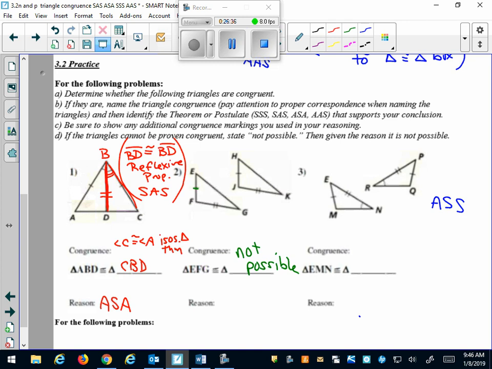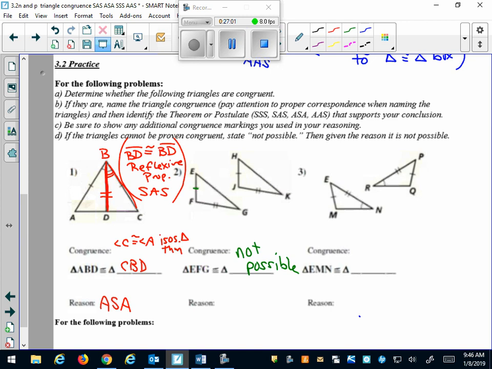This would be, don't freak out. That's not a postulate. It's a bad word. Can't use that. That is not a postulate. Okay? So, remember that the bad word doesn't work. Not because it's a bad word, but because this does not guarantee congruence. Two sides and an angle that's not between them actually could create two different sized triangles.